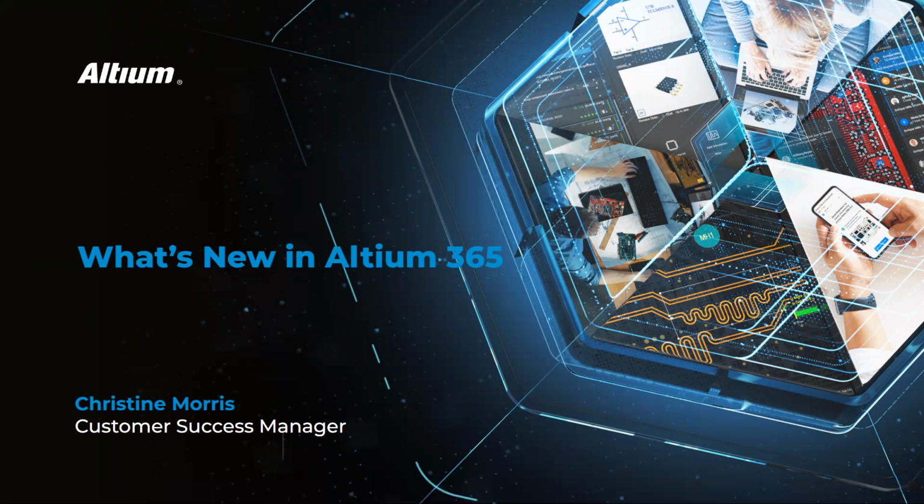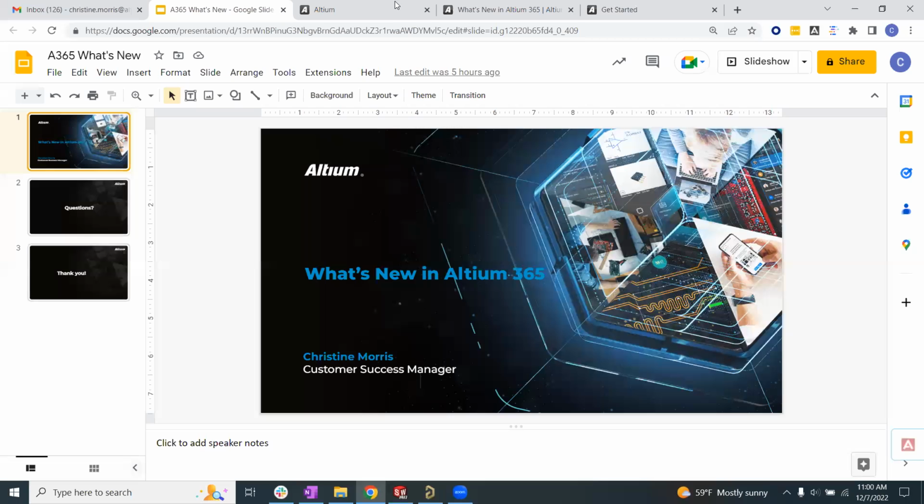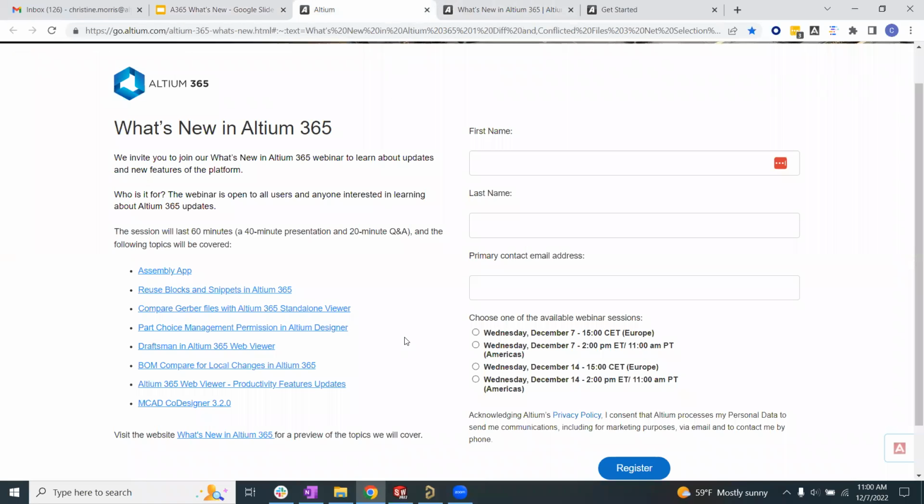So here in our Altium Designer, let me just go over to our What's New list. When you registered for the webinar, these are some of the items that we will be talking about. The assembly app that's been built into the web view now. We also have reuse blocks and snippets in the Altium 365. If you did attend our previous What's New webinar, you would have probably seen that as well.